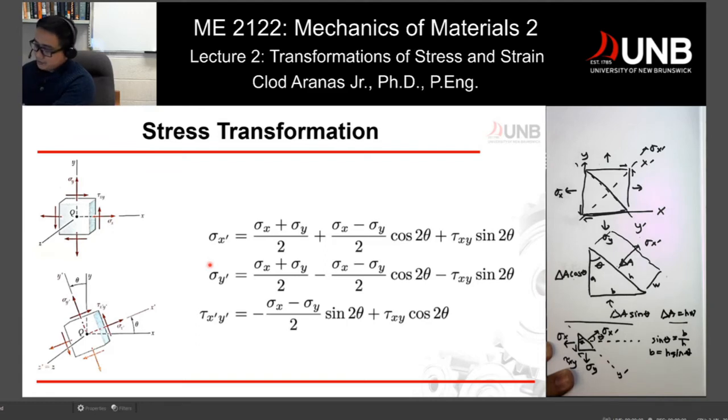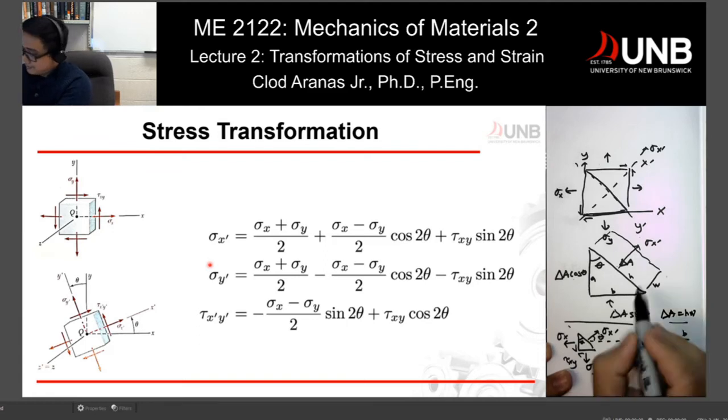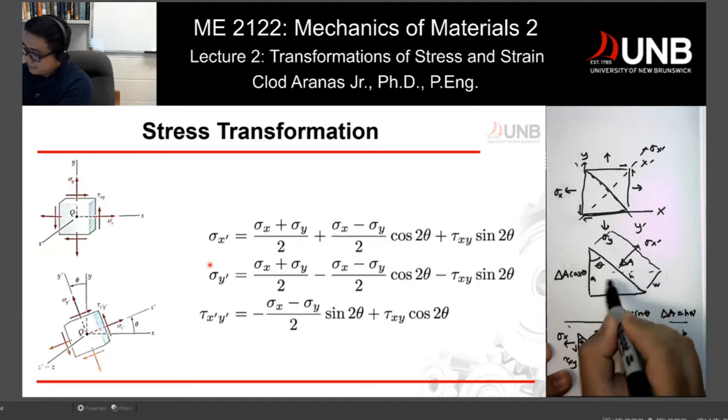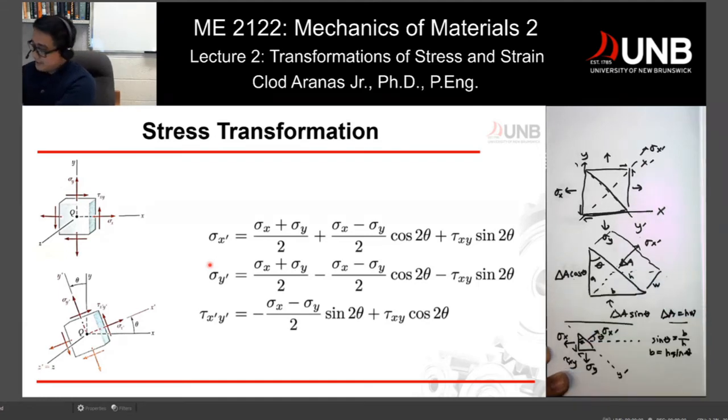Which means if I take the area right here underneath, which is where my stress is, that would be W times B, which in this case is W times H sine theta. So my area is equal to W times B, and my B is actually H sine theta.